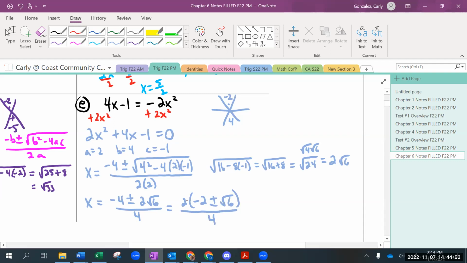And now that we have this multiplication over division, we can simplify the 2 and 4. So our final answer here will be -2 plus or minus rad 6 all over 2. And that is a quick overview of solving various quadratic equations.